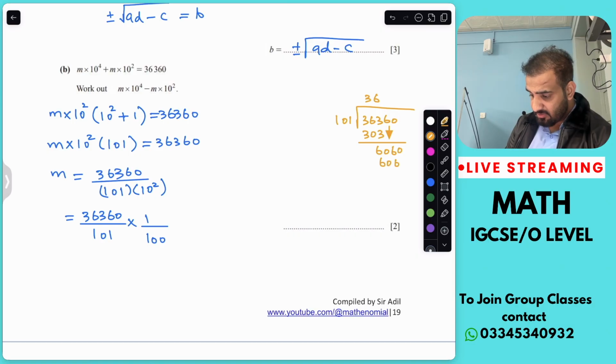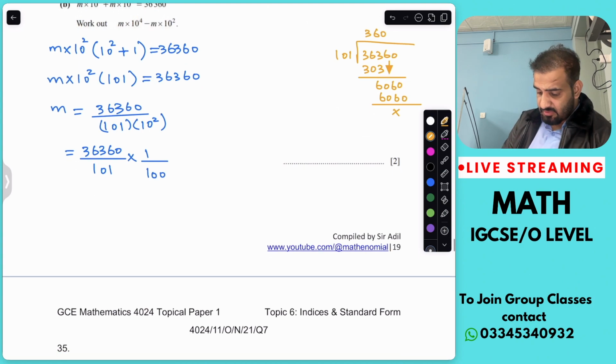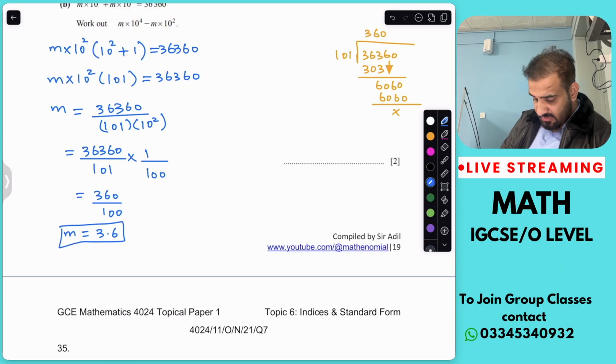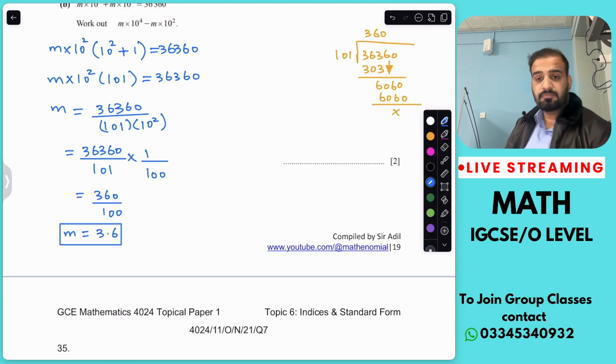And along with 0, it will give you 360. So that's it. So the answer for this value is 360 divided by 100. So 360 divided by 100 is 3.6. So this is my value of M.